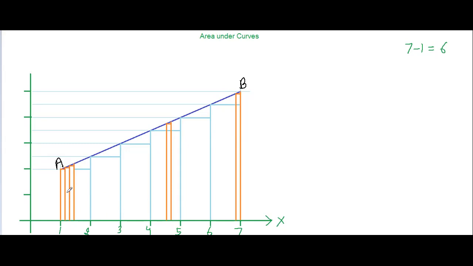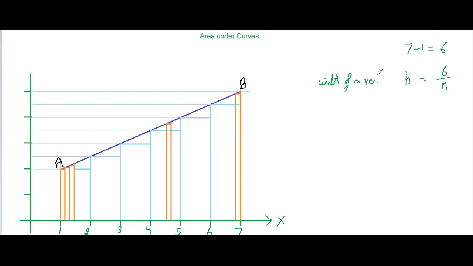These red colored rectangles I will be making, or I have already made. Suppose these are n in number. So we are going to divide the width 6 by n. So each red rectangle's width, suppose that is h. By h, I am representing the width of a small rectangle.